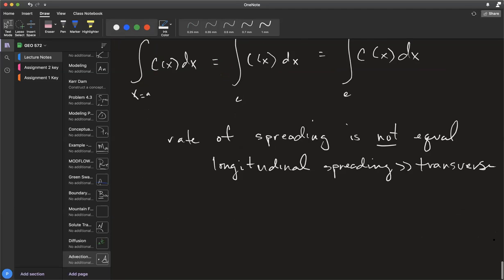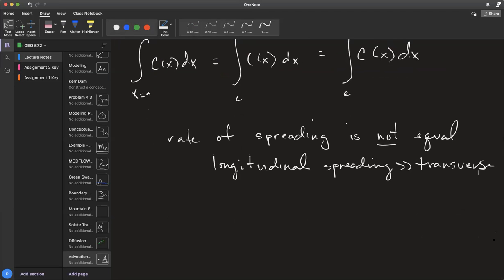All right. And if we were to think about uniform flow in a 3D field, we would see that there's spreading that's different along the flow path or longitudinally, transversely in the horizontal plane, and transversely in the vertical plane. And it turns out that dispersivity is super directionally dependent.